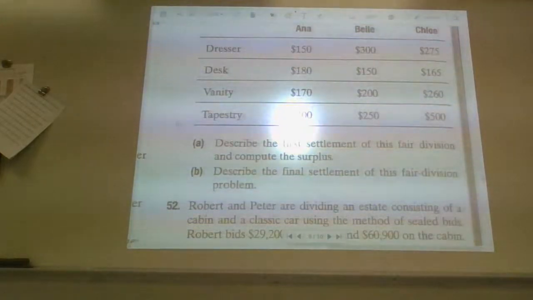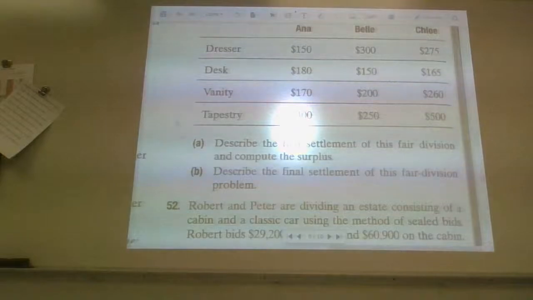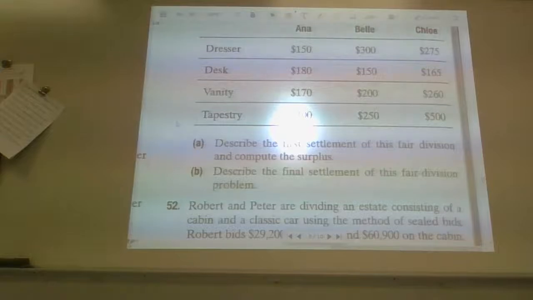And the situation is we have 3 people, Annabelle, Chloe. Thankfully, their names are in alphabetical order. And they are bidding on a dresser, a desk, a vanity, and a tapestry. What a ridiculous combination of items.